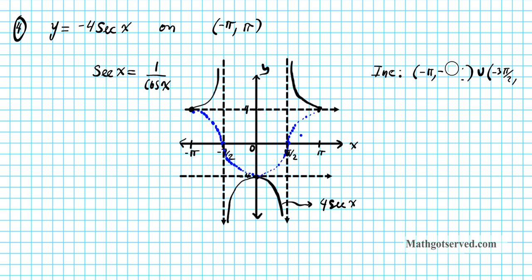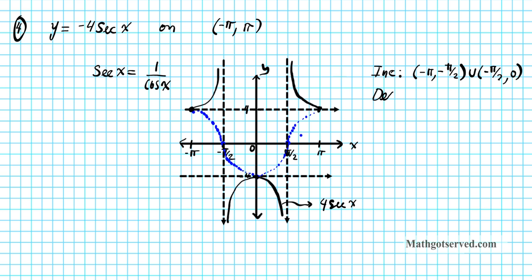There's no 3 there, so it's supposed to be pi over 2. Let's fix that real quick. So from negative pi to negative pi over 2, and then from negative pi over 2 all the way to 0. I thought there was a 3 here, but there isn't. Sorry about that. So it's increasing here and increasing here.